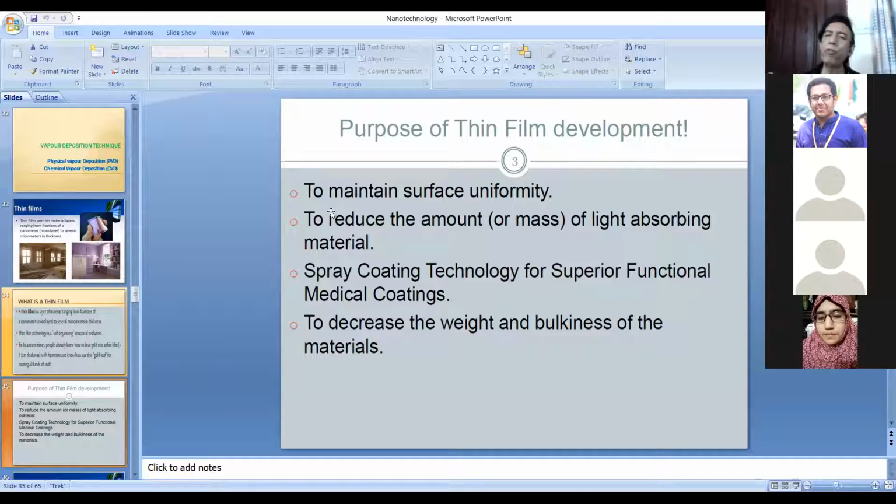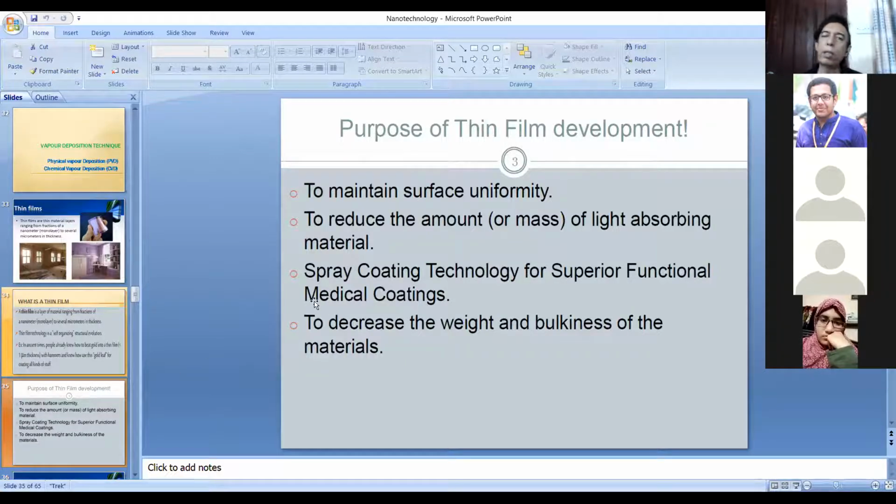Now, if you coat this watch with a thin film of gold, then your watch will look like gold. It will show golden luster on it. So the mass of substance will be reduced in the thin film.